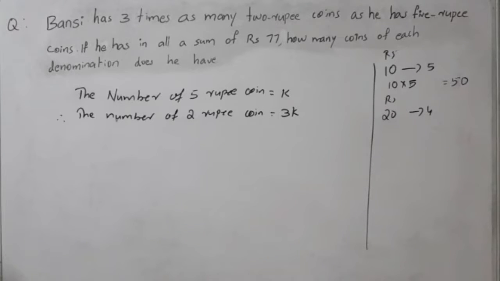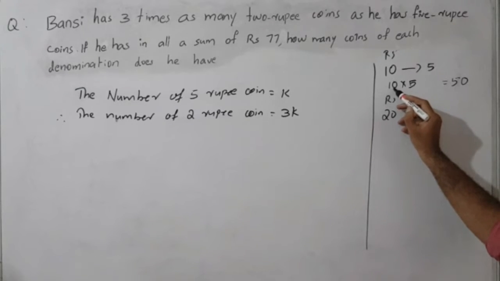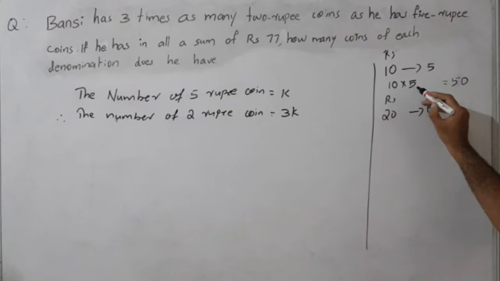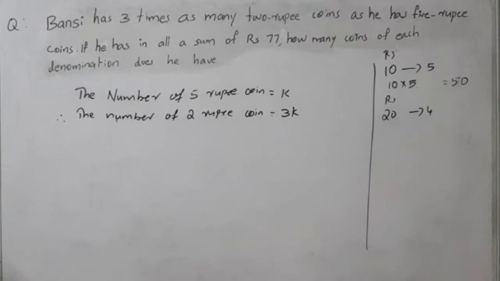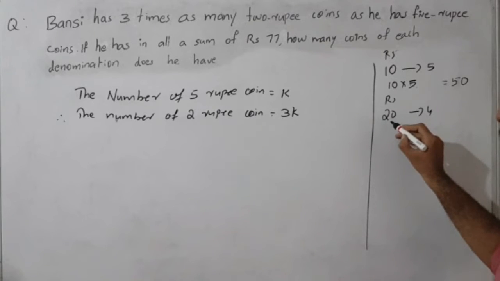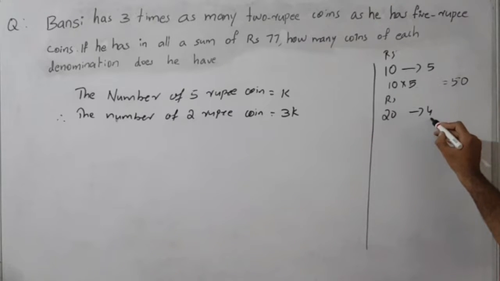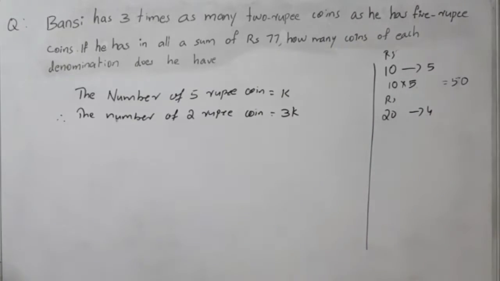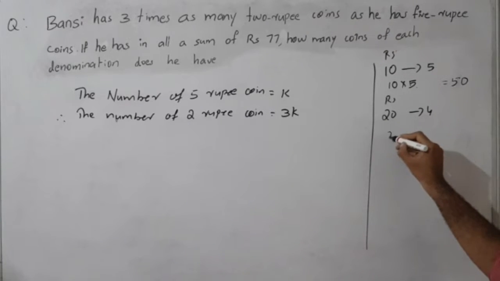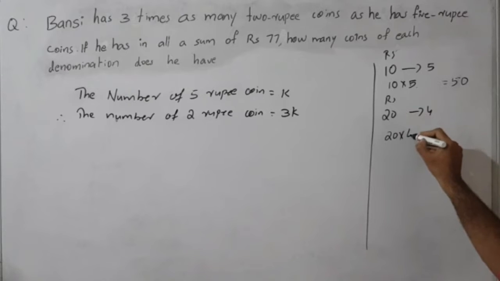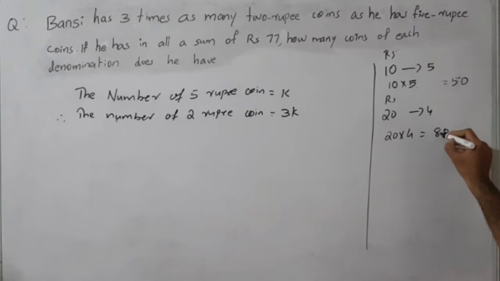Number of notes or number of coins. 10, that is the amount, then the number of notes, then 10 into 5 is equal to 50. Okay. If I have 20 rupee notes, how many 20 rupee notes? 4. Then what is the amount I will get from the 20 rupee notes? The amount, 20, into the number of notes, that is equal to 80.